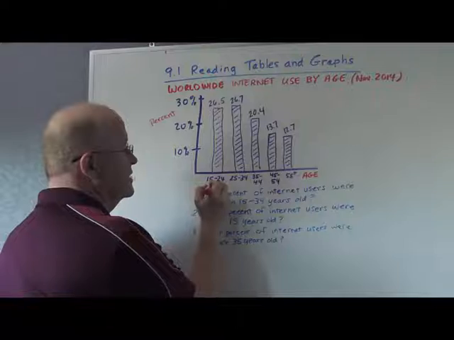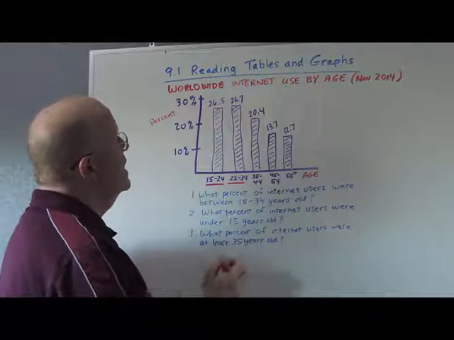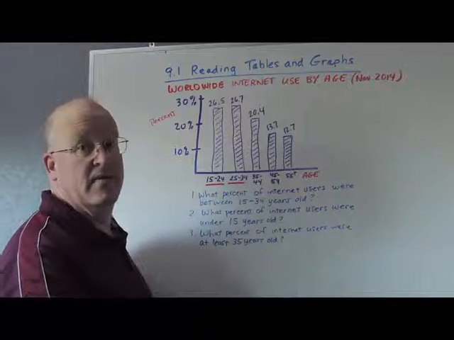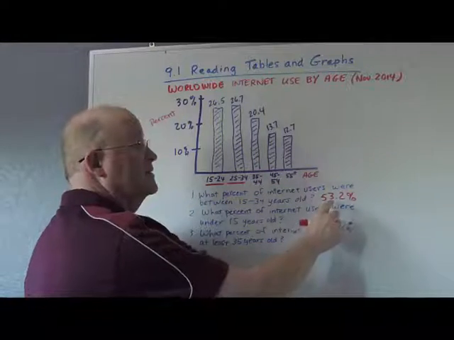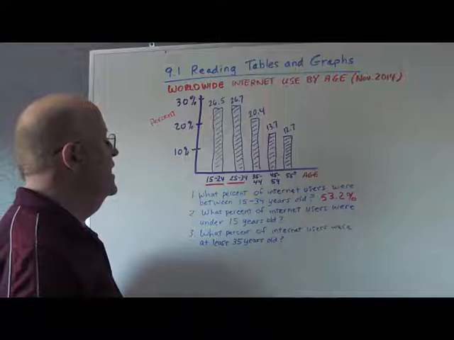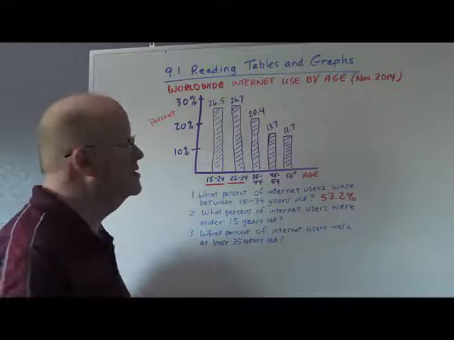Well, that's using these first two categories or classes, and we would add together their percentages, 26.5% plus 26.7%, to get 53.2%.